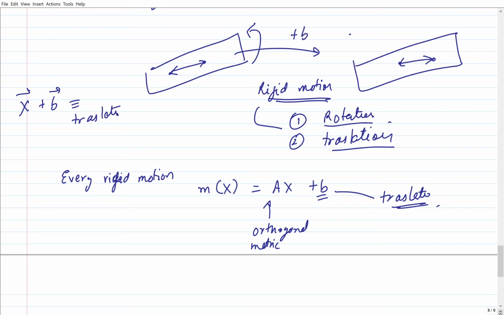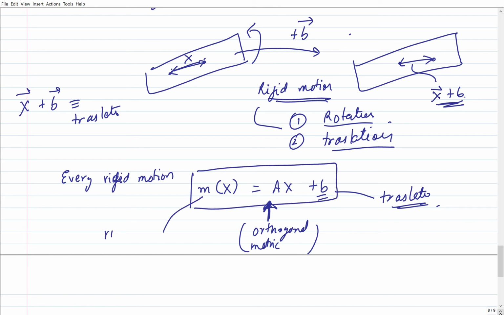Essentially, this is what this picture describes. This is some vector x, I added some vector b, and I get x plus b, which is preserving the distance between two vectors, but it's still a translation. We've already seen a connection between orthogonal matrices and rotation. So any rigid motion is a combination of a rotation and a translation.